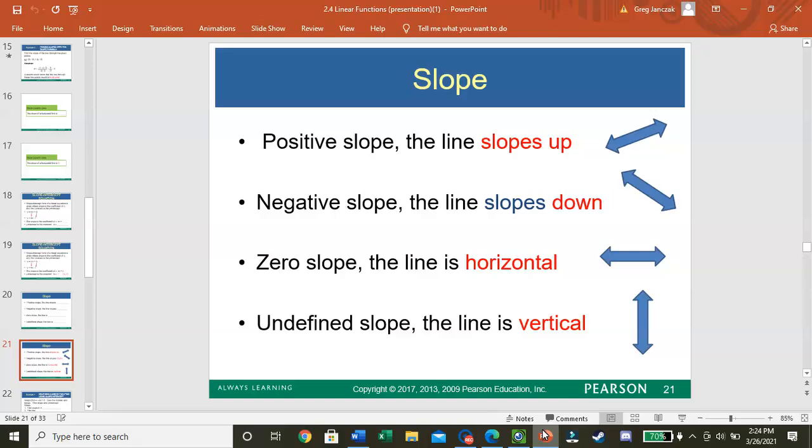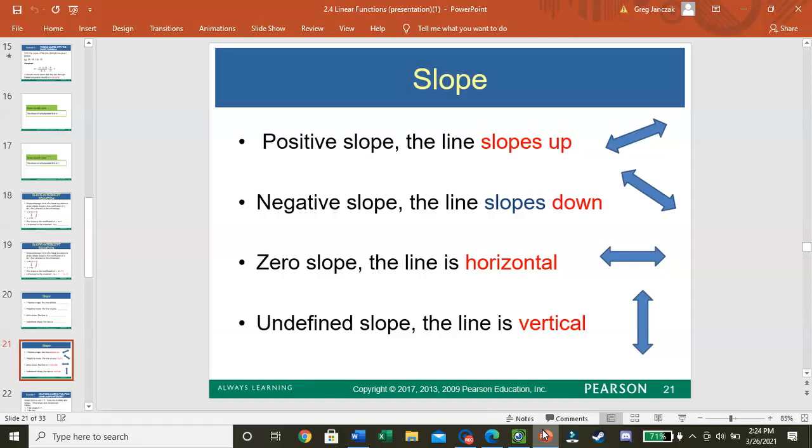When you're coming back down from the top, the pinnacle, then the slope is negative, and the line slopes downward. So negative slope, the line slopes downward.